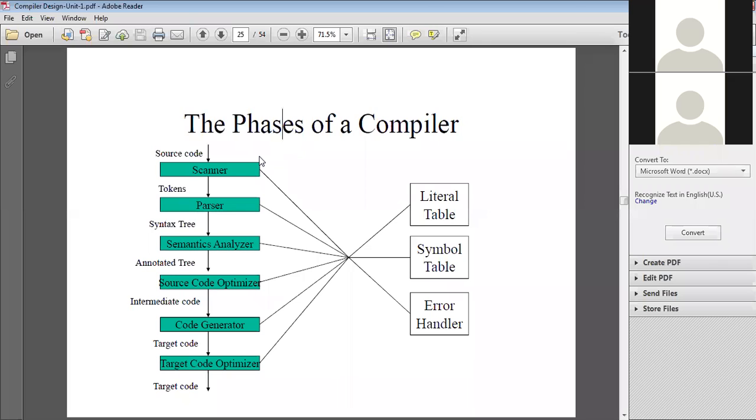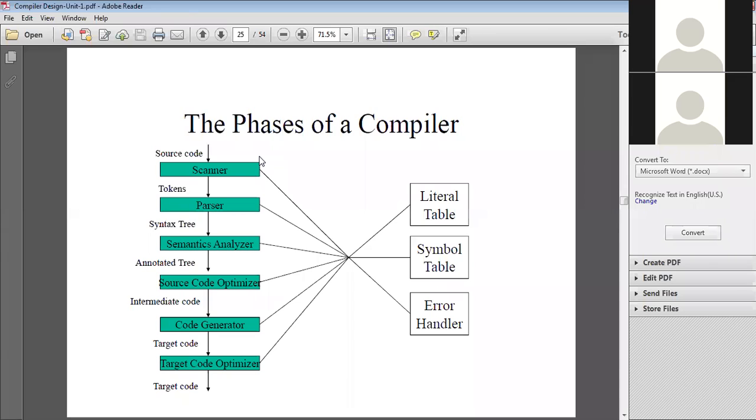It will do the type checking, that is, whether you have followed the grammar of the compiler or not, otherwise you will get the error here. And if there is no error, then you will get the annotated tree.